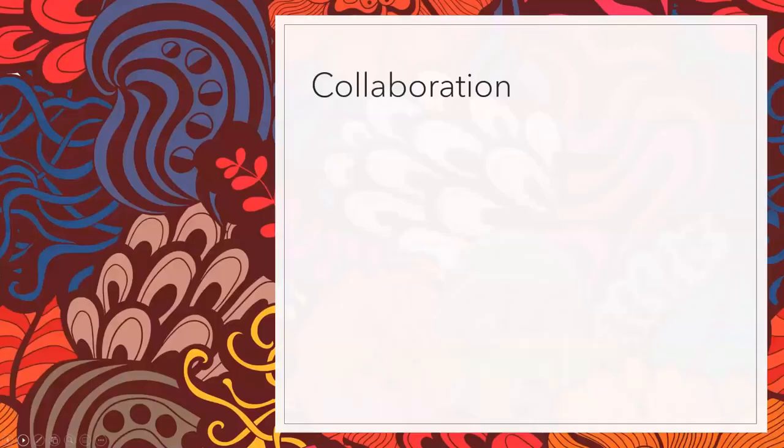Okay, and then last but not least is collaboration, which has a lot of ties to a lot of the things that we've been talking about already, and I'll attempt to fill in that blank here in just a minute. Okay, so collaboration can involve working with resource allocators, working with skilled staff.